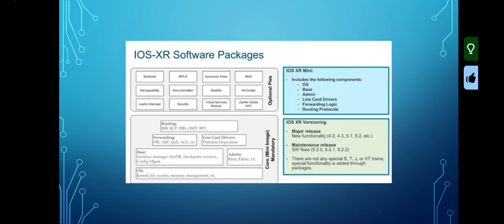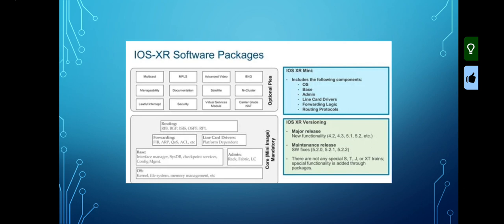When you talk about line card, of course, drivers and forwarding, which is related to QoS, access list, ARP, FIB, forwarding information base, etc. And you've got the routing protocols as usual that you will be using for the configuration. In optional, if you want to buy new features like MPLS, multicasting, advanced video, BNG, security, documentation, lawful intercept, and all other features, you need to buy those with the upgraded version of IOS. You will be getting all those in that package.